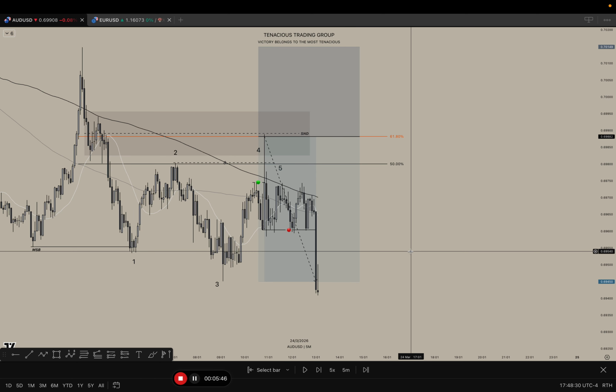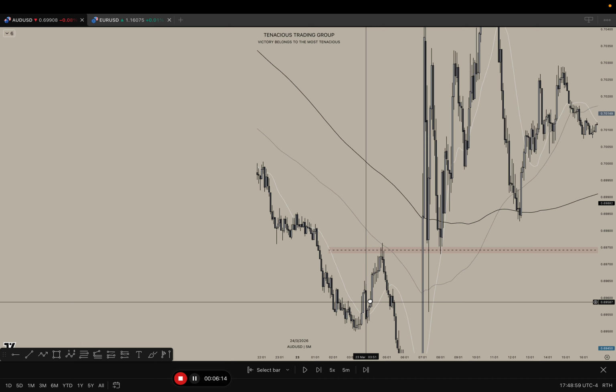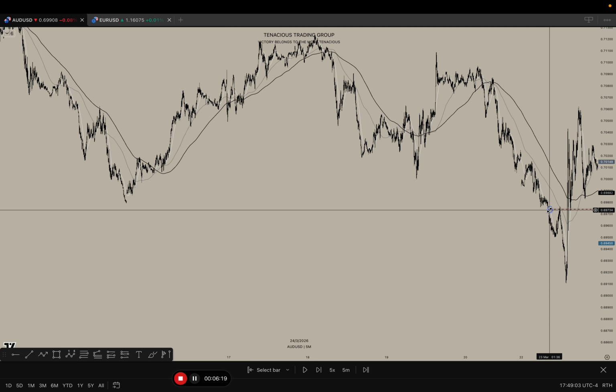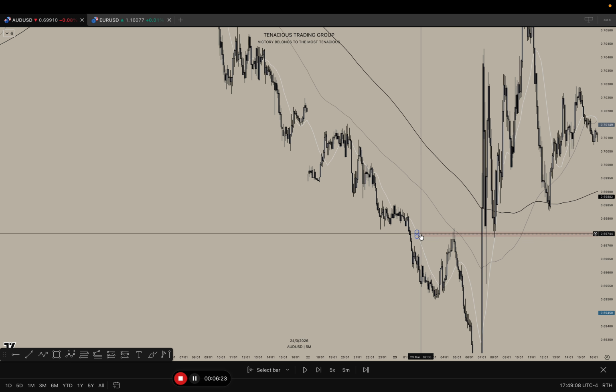And if I drag this across, you can see that this now becomes not just any random level of support and resistance, but it becomes an influential one.